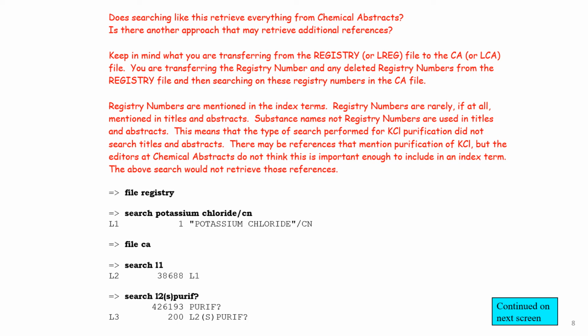Here I am doing the same search, except it is in the full registry file and the full Chemical Abstracts file. I say File Registry to enter that file. I did not do expand potassium chloride /CN because I know its name. If you're 100% sure of its name, especially if it's a simple, well-known compound, you do not have to do the expand.